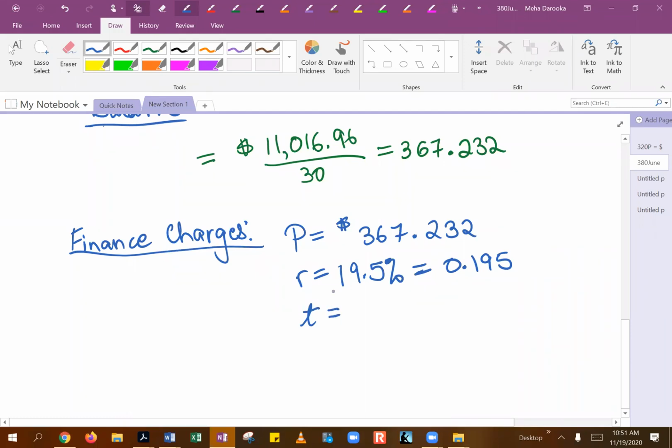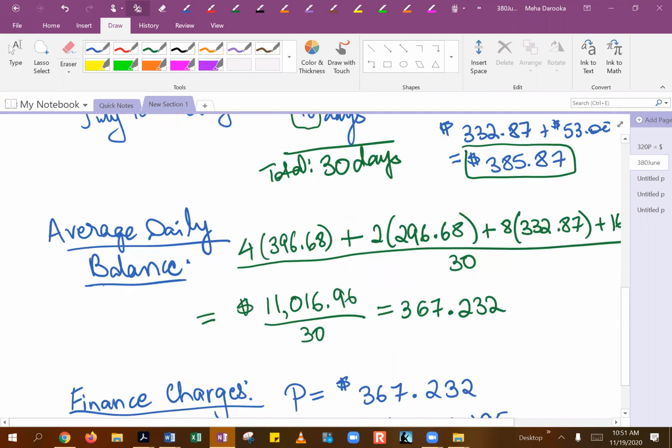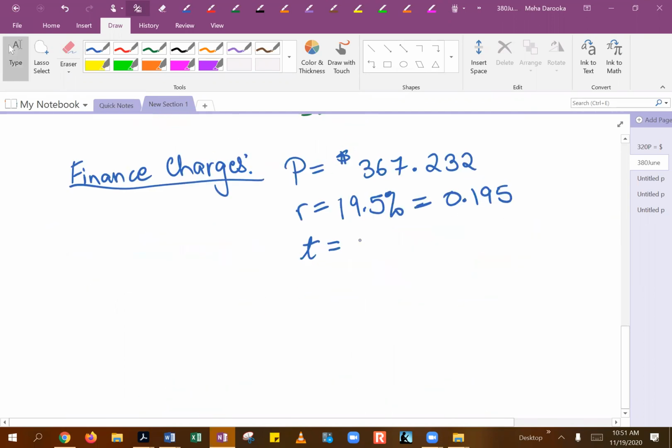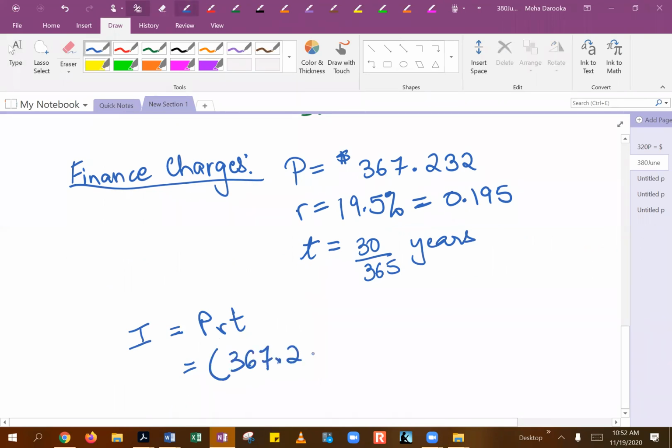So since we ended up getting 30 days, which is the total we got over here, you take that 30 days and divide it by 365 so that we can convert this into years. And then we calculate our interest based on the simple interest formula, PRT. So that's going to be your 367.232 being multiplied with our rate of interest of 0.195, and then being multiplied with our time, which is 30 divided by 365.